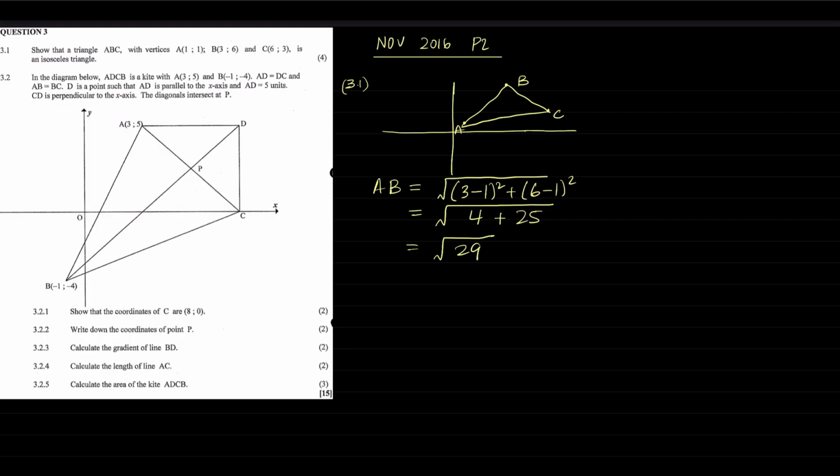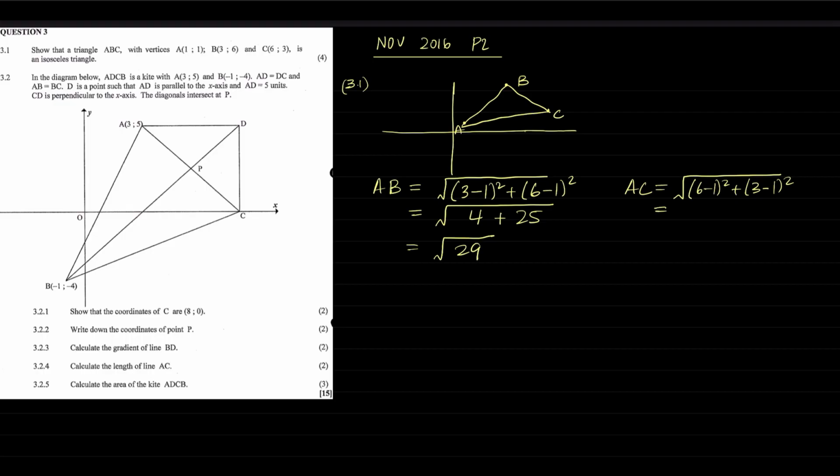Now let's work out the length of AC. So AC, again, don't need to write down the coordinates. Just substitute here. So AC is going to be 6 minus 1 all squared plus 3 minus 1 all squared.